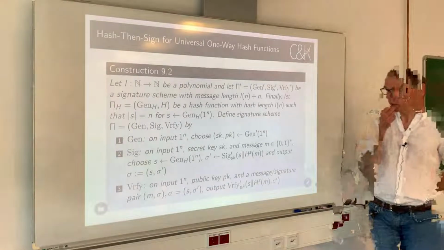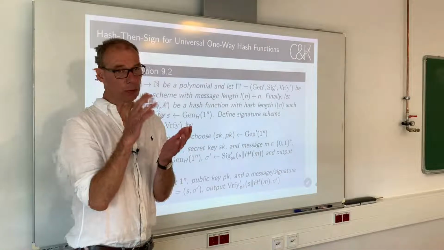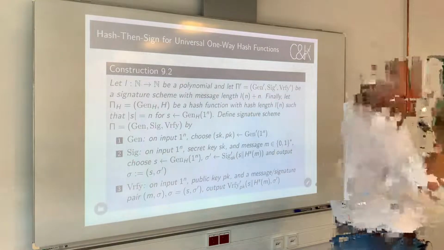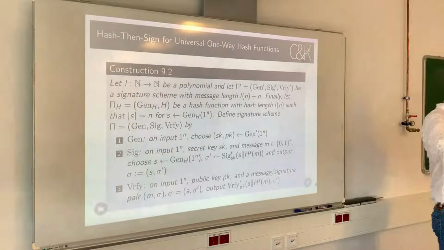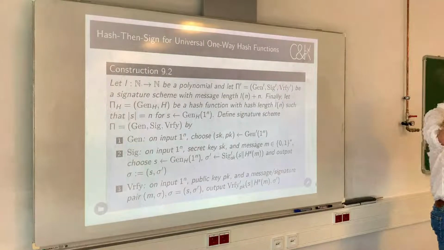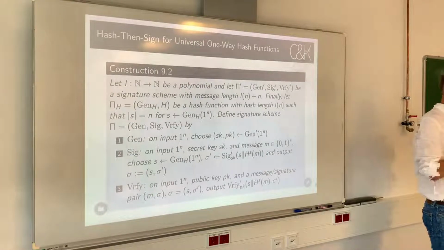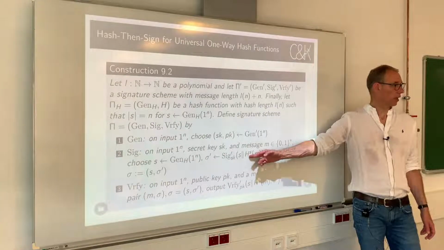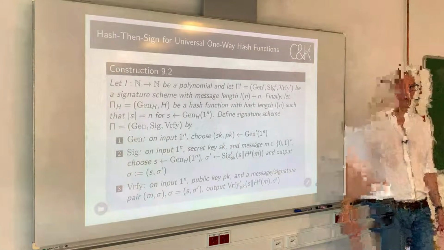If you remember hash then sign, in the proof we had the distinction of a forger against the new scheme, namely whether the hash value of the message that it outputs is the same as the hash value of one of the query messages, or whether it's not the case. And here you will do something similar, but you also look at the key s. Has the key s been used before?